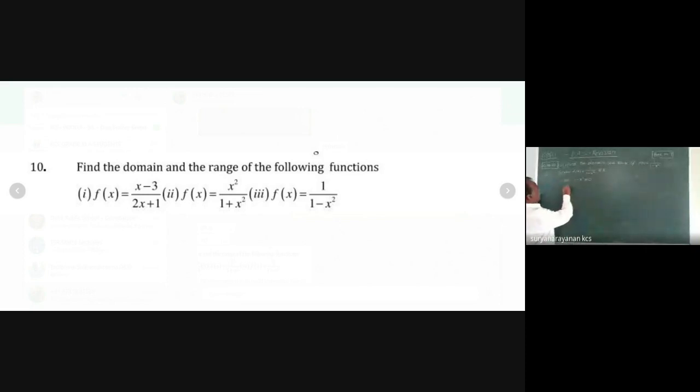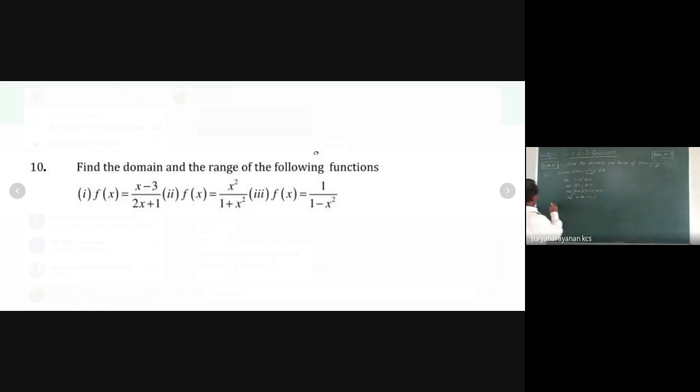This implies x square minus 1 is not equal to 0. This implies x plus 1 into x minus 1 is not equal to 0. Then what are the values? x is not equal to minus 1, 1. So x values should not be equal to 1 or minus 1.